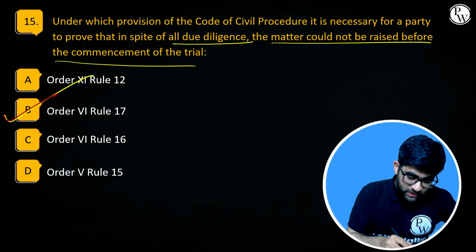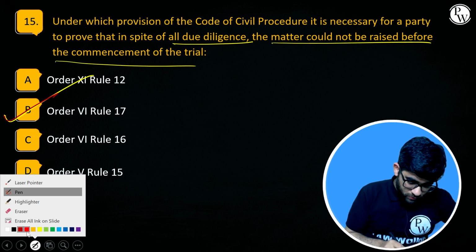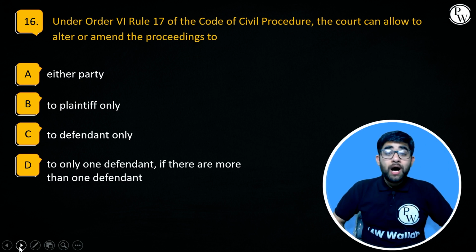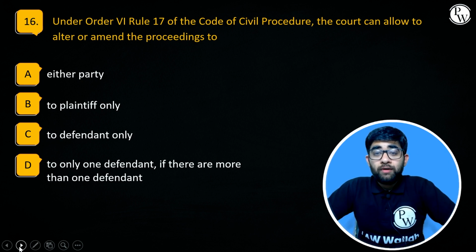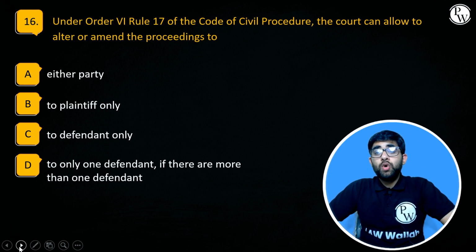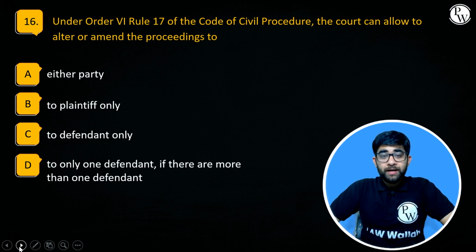Order 6, Rule 17. Next, under Order 6, Rule 17 of the Code of Civil Procedure, the court can allow to alter or amend the pleadings of either party, plaintiff only, defendant only, or only one defendant if there are more than one defendant.